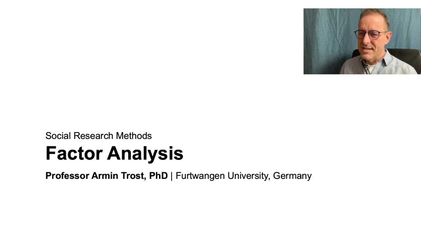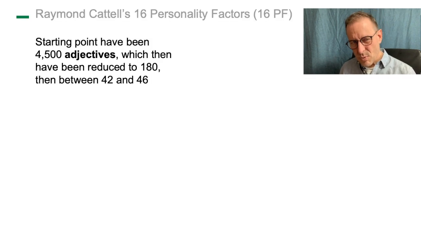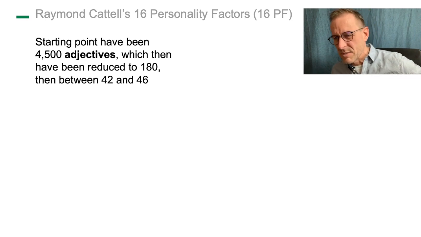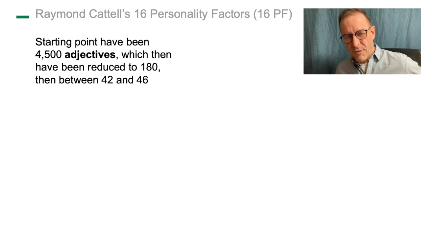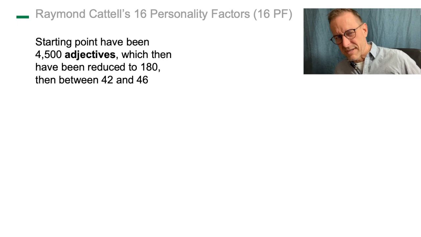And historically, one of the most famous approaches came from Raymond Cattell. He was, I would say, one of the fathers of personality psychology, or differential psychology, because what he did is a wonderful example for factor analysis.